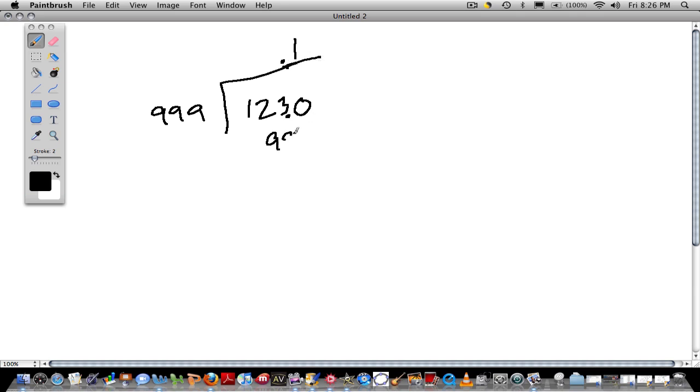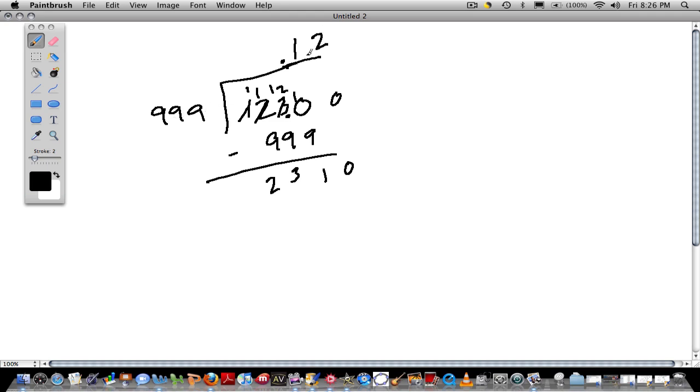We'd get 999. And then we want to subtract these two, just like we did before in long division. And we would get 231. 999 does not go into 231. However, it does go into 2310.